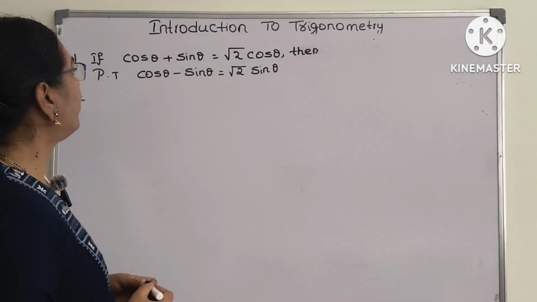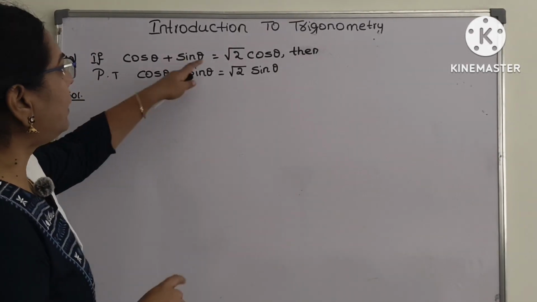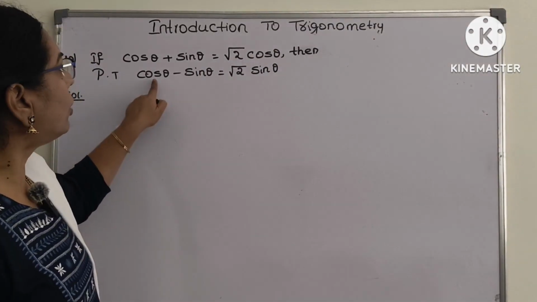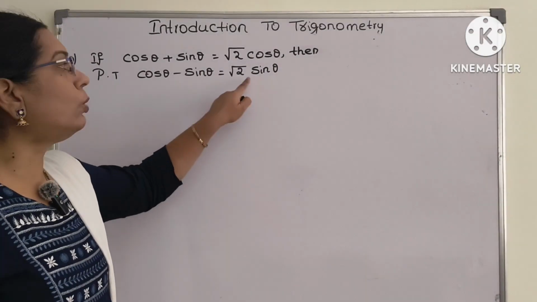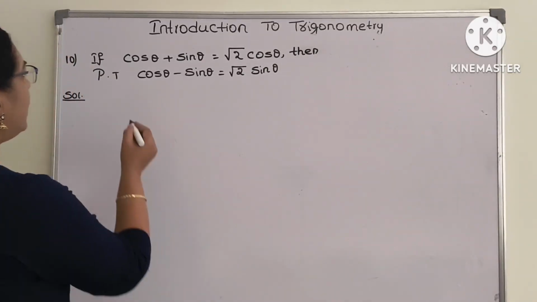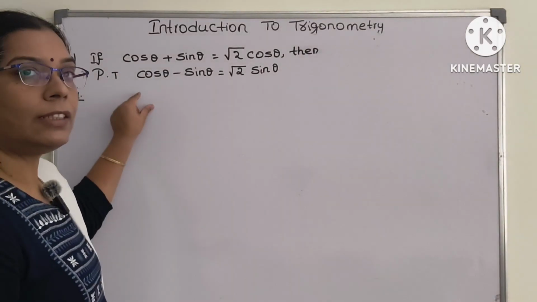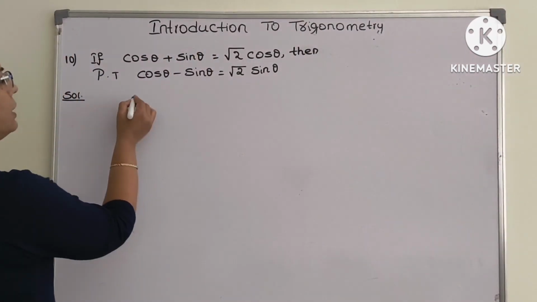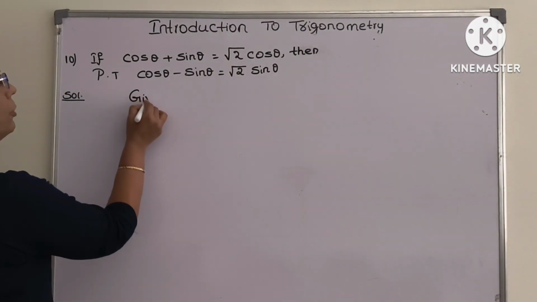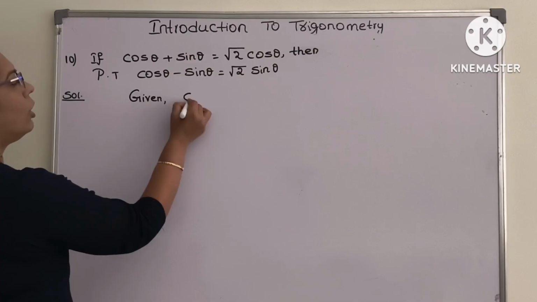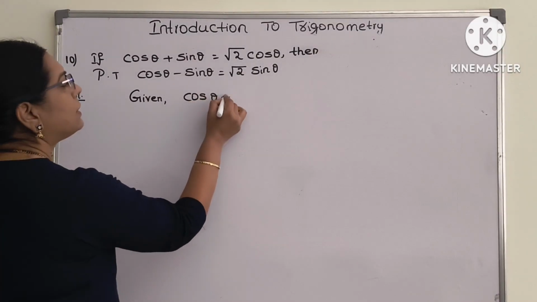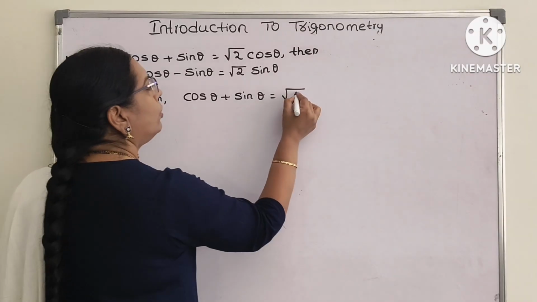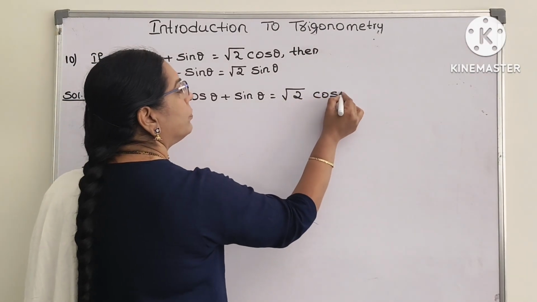The next sum, children. If cos theta plus sin theta is equal to root 2 cos theta, then we have to prove that cos theta minus sin theta is root 2 sin theta. Let us see how to do that. Whenever these kinds of questions are given, we have to take only the given. So what is given? Given is cos theta plus sin theta is equal to root 2 cos theta.